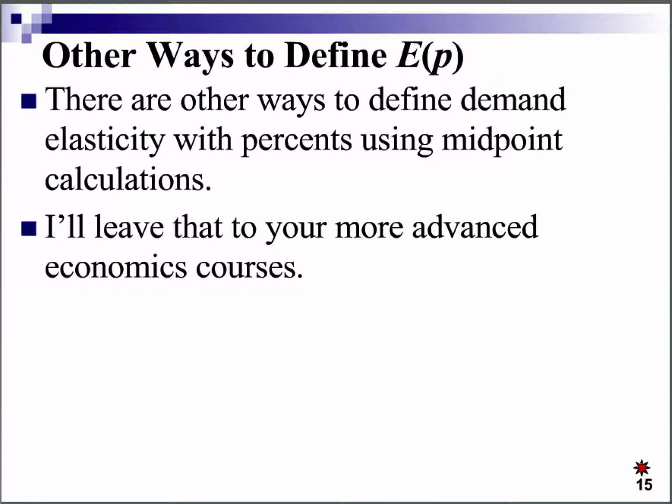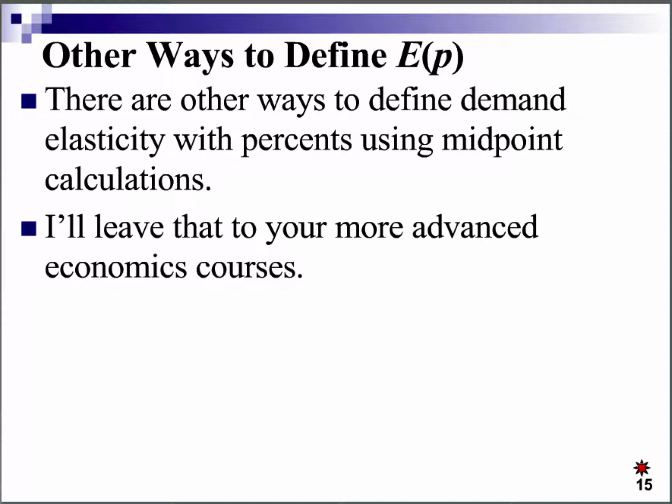So those are a few examples of computing elasticity with a very basic percent change approach. There are actually several other ways to compute elasticity with refinements to that formula that give economists slightly more accurate measurements for elasticity. So there are things called midpoint calculations that can be done.